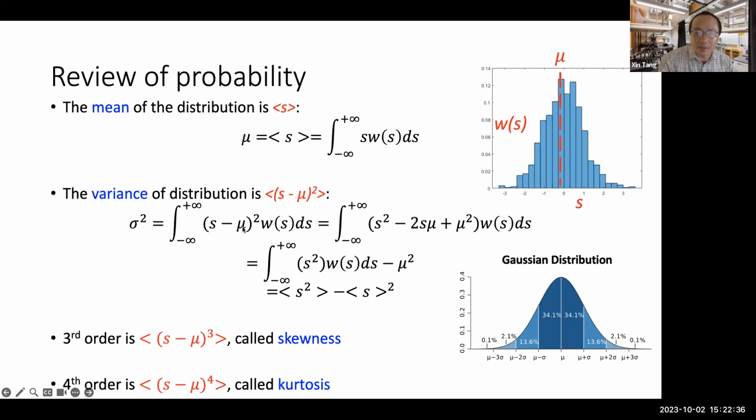So then you have (s minus mu) squared, and then take the bracket, meaning take the mean value of this value. The value is (s minus mu) squared.